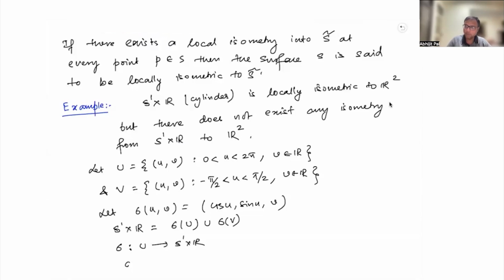In order to prove that sigma is an isometry onto its image, we need the inner product of d sigma_p w1 and d sigma_p w2 to be equal to the inner product of w1 and w2 at the point p.